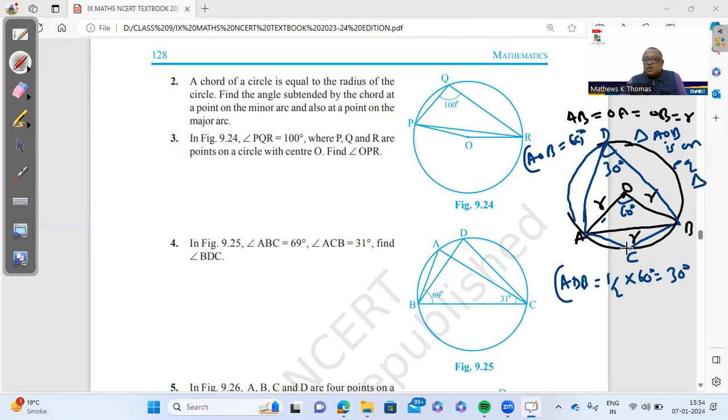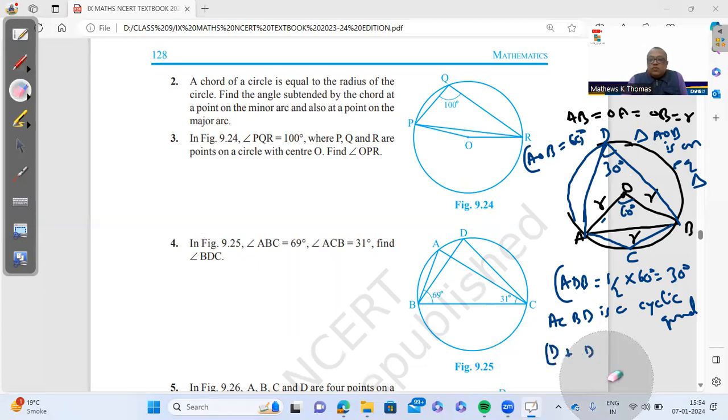Now, if you look at this ACBD, it's a cyclic quadrilateral. And just now we did the theorem that if there is a cyclic quadrilateral, opposite angles will add up to 180. So angle D and C together will add up to 180 because it's cyclic. All 4 points are on the circle. And D we have found out is 30.